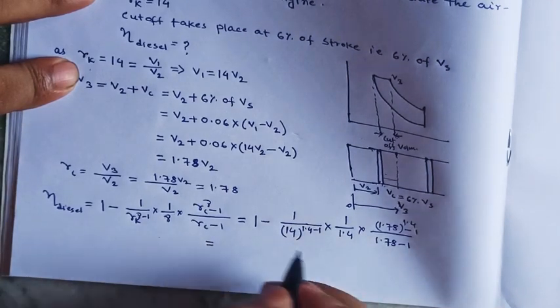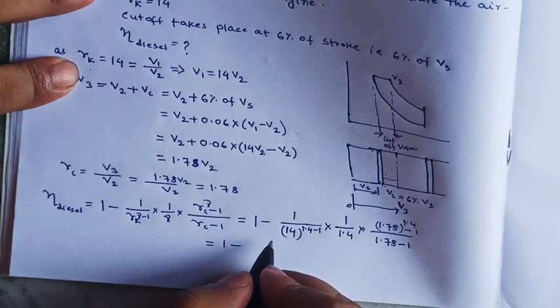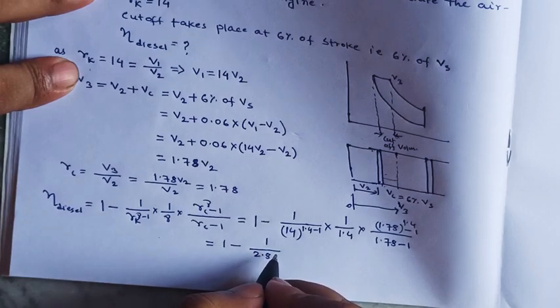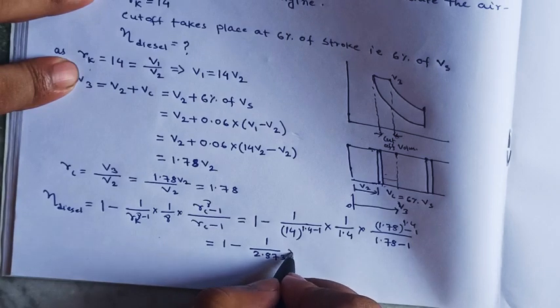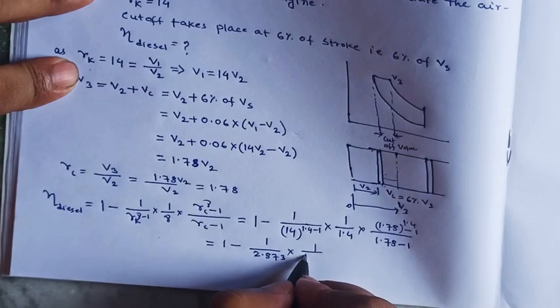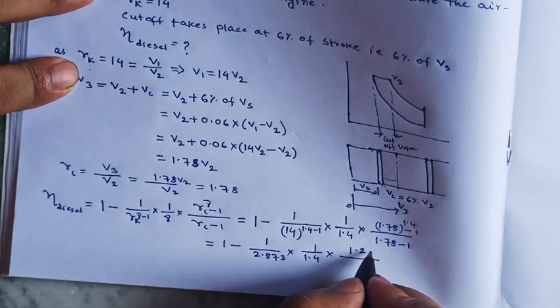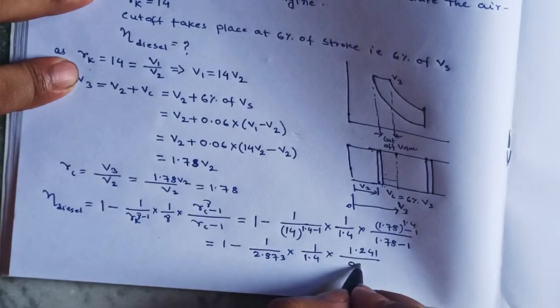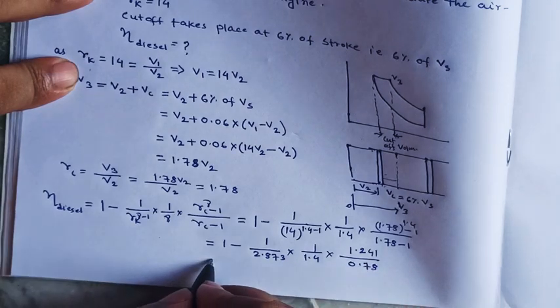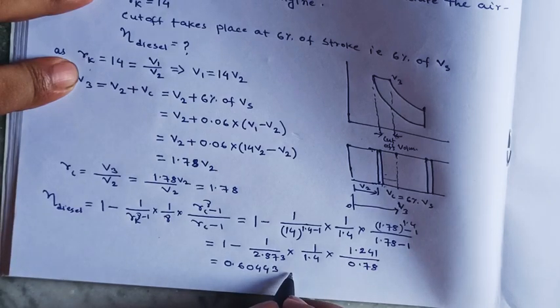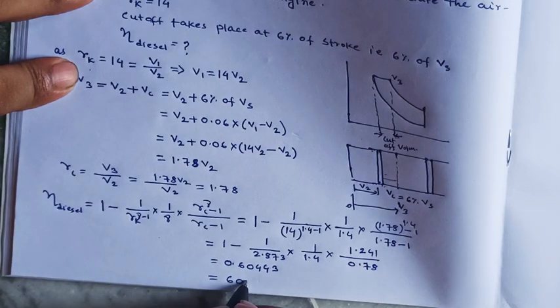So this value will come 1 minus 1 by 2.873 into 1 by 1.4 into 1.241 by 0.78. This value will come 0.60443, that is 60.443%.